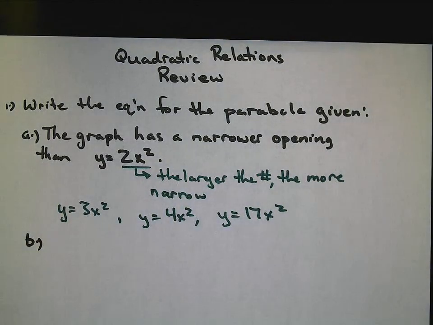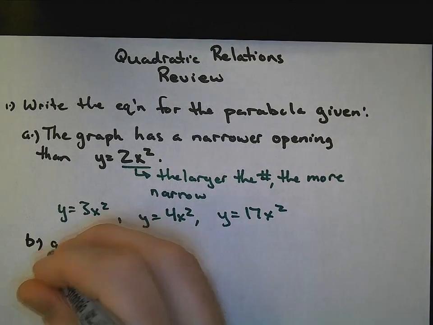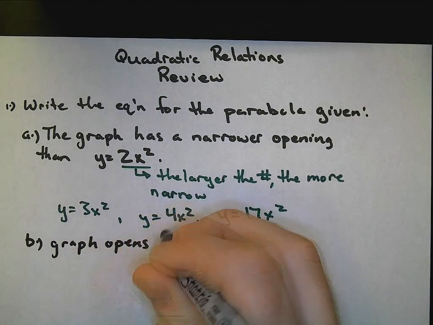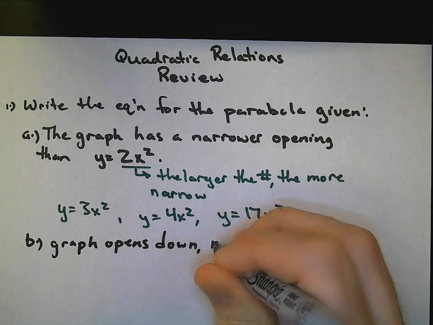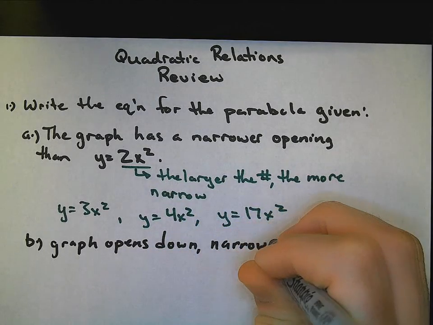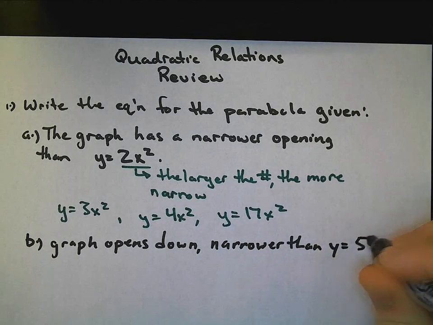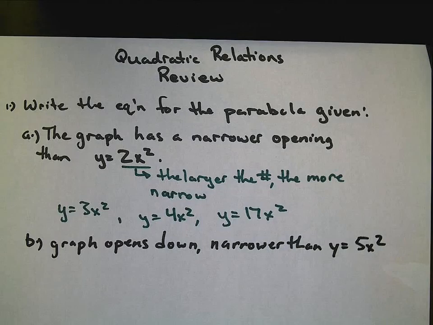The next one, the graph opens down and is narrower than y equals 5x squared.